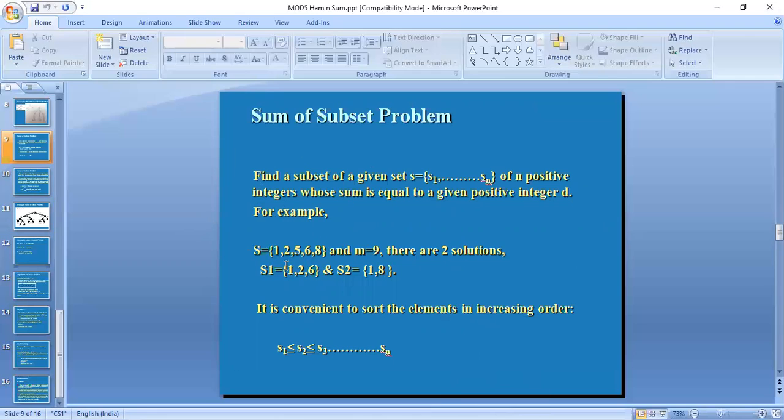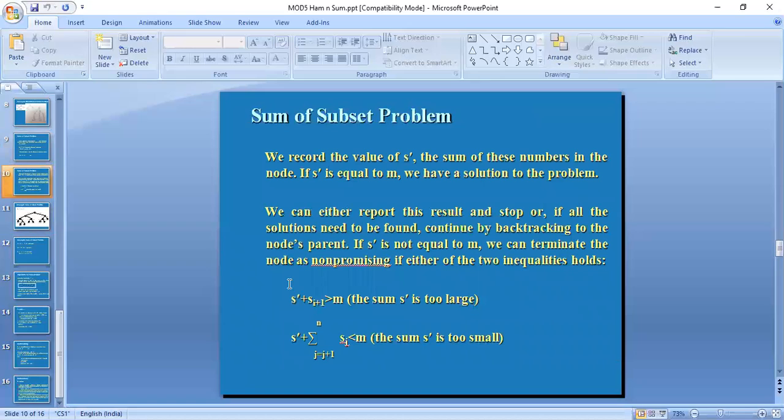Then, we need to find out whether the integers in the subset, when you add them up, give this integer. If you are getting it, then that subset forms a solution. It can be either a single solution or multiple solutions. So whenever you go for such problems, keep in mind that it is a subset which is forming.